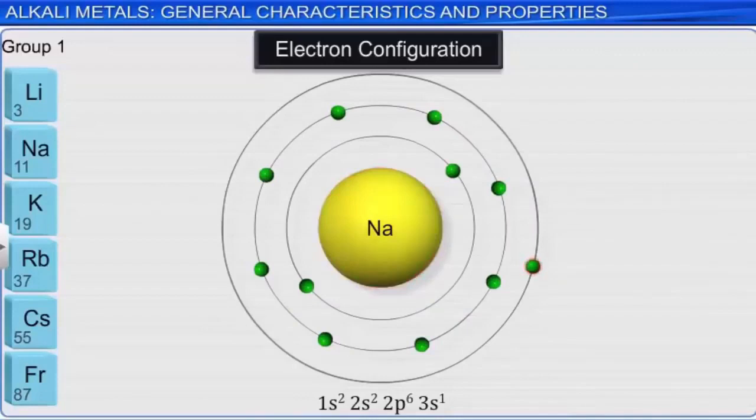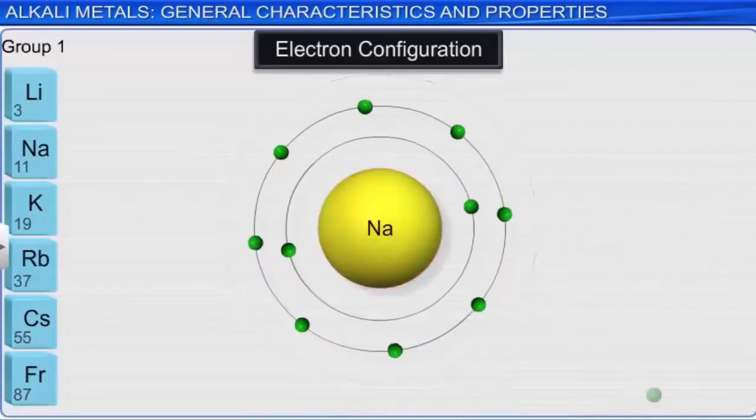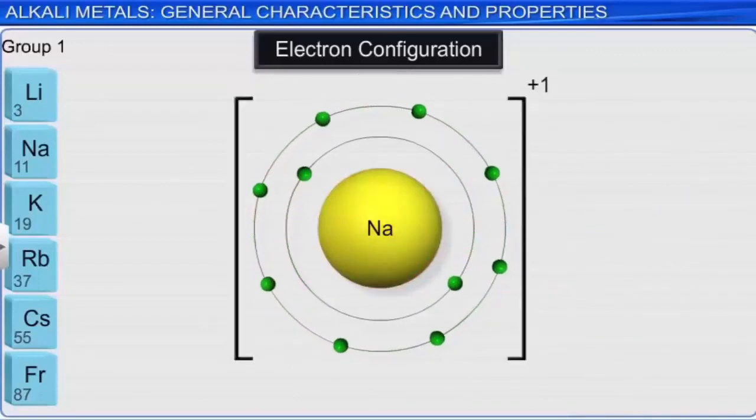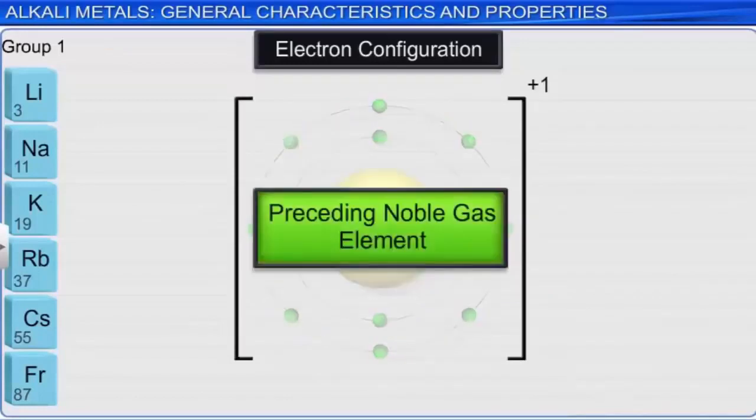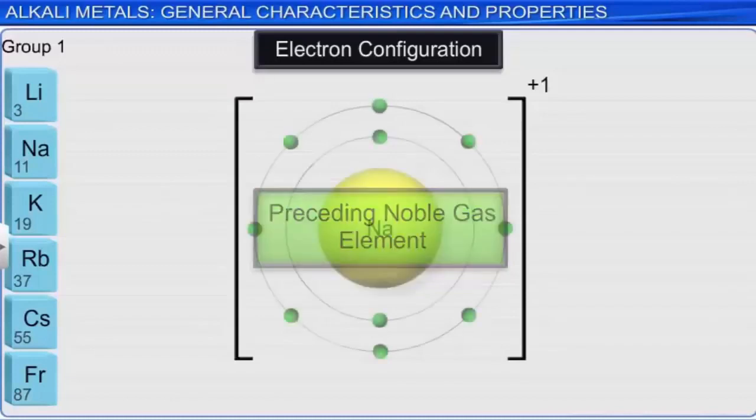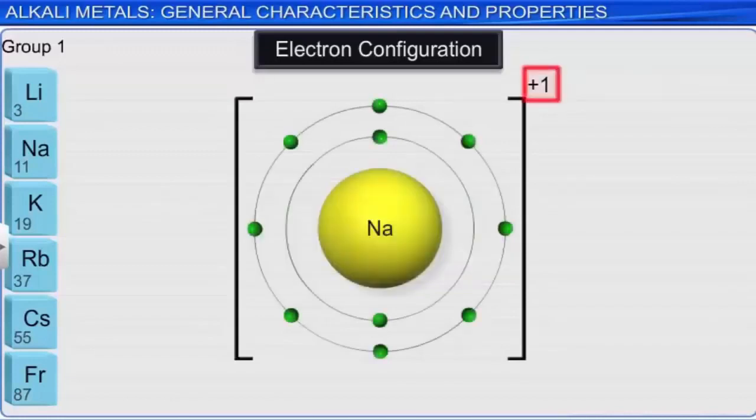If the valence electron, that is the 3s1 electron, is to be lost, it cannot be removed simply. We have to give energy. That energy is called ionization energy. So we could see the formation of a monopositive ion or a univalent ion. Plus 1 is written as the superscript.